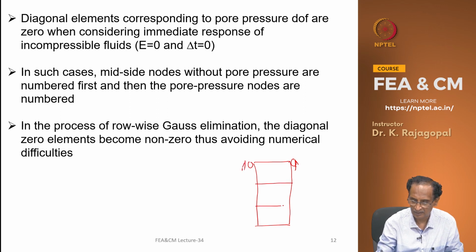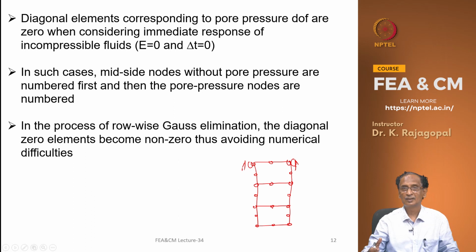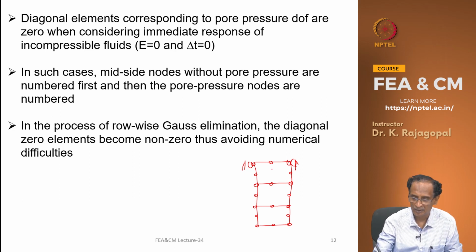Let us take a simple mesh like this. Let us assume that all our elements are 8 node quadrilaterals with corner nodes having both the displacements and the pore pressures as nodal variables, and only the mid side nodes have the displacements. So what we do is we can start numbering the mid side nodes first. Okay. And then we can number these corner nodes.